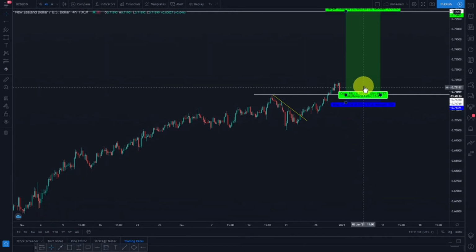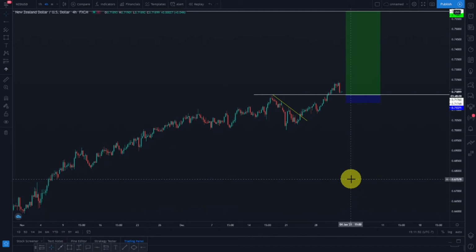My stop loss is about 37 pips with a gain of 411 pips. It's a 1:10 risk ratio. This is one of the greatest trades. If this trade goes well, guys, and we anticipate on it, it will be the best trade that we started with in 2020.